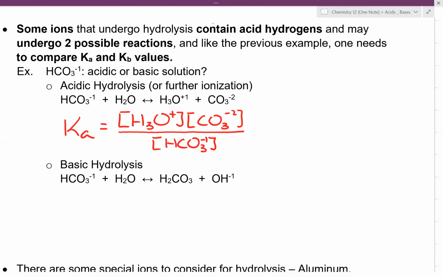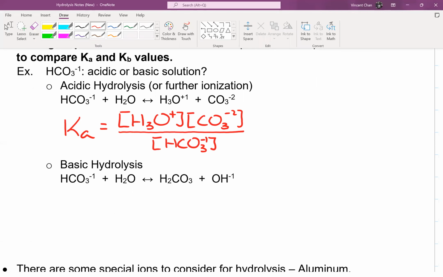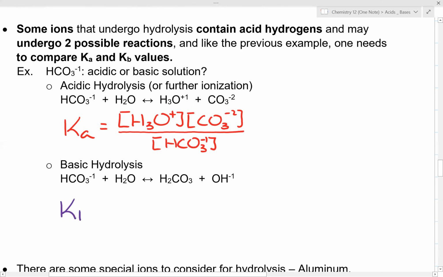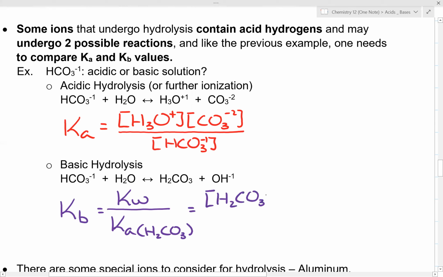And we have our base, our Kb, which in this case is equal to Kw over Ka of our conjugate acid, which is H2CO3. And that is equal to the concentration of H2CO3 times the concentration of OH minus 1, all over the concentration of HCO3 minus 1.